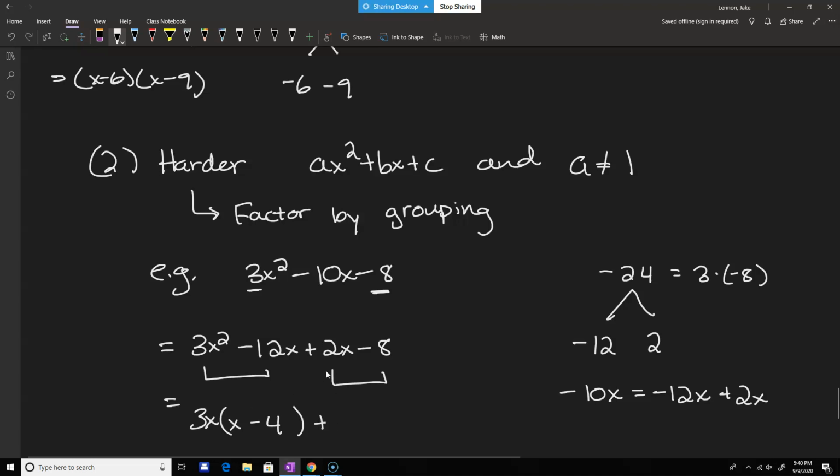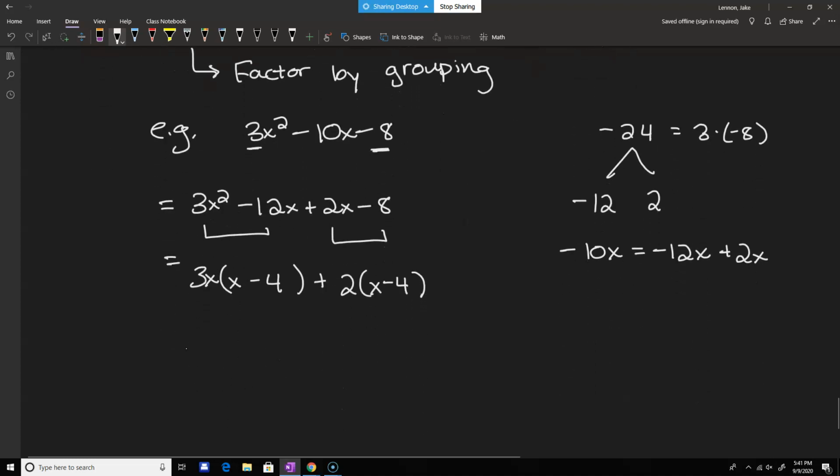And then from the second group, the only thing you can take out is the 2. 2 divides both 2 and 8. So if you take out a 2, we have x minus 4. And then we have that common thing inside the set of parentheses. So we can take out the x minus 4, the common binomial expression, and then we'll be just left with 3x plus 2. So that's the harder case where we factor by grouping.